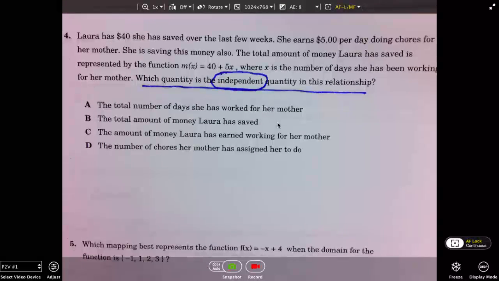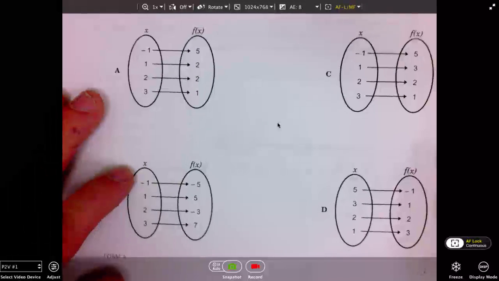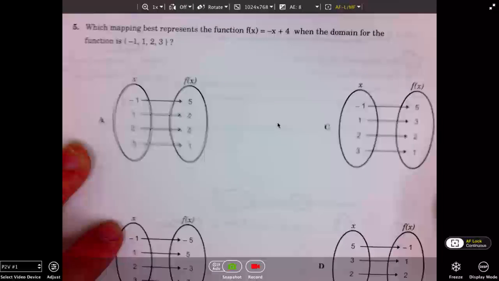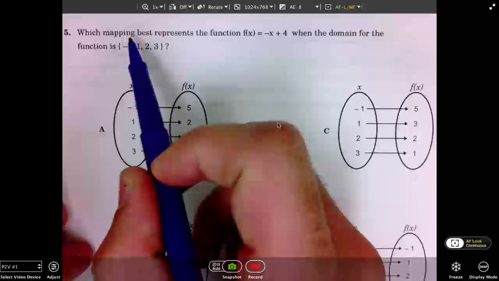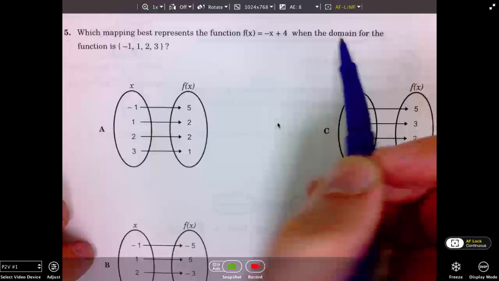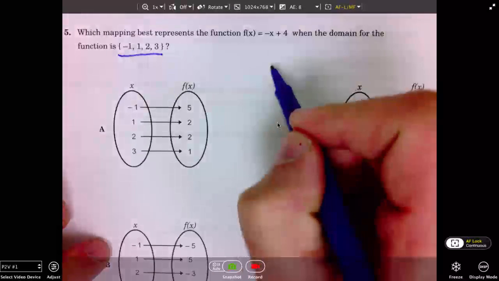Number 5. Which mapping best represents the function f of x equals -x plus 4? When the domain is this, well, domain is the x, so let us make a table.